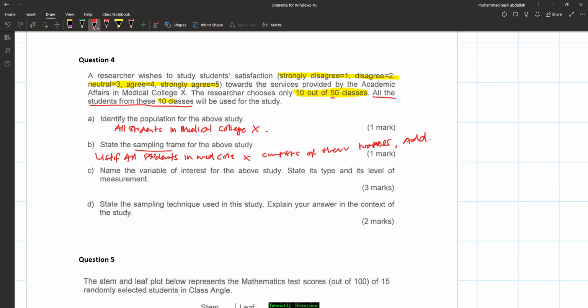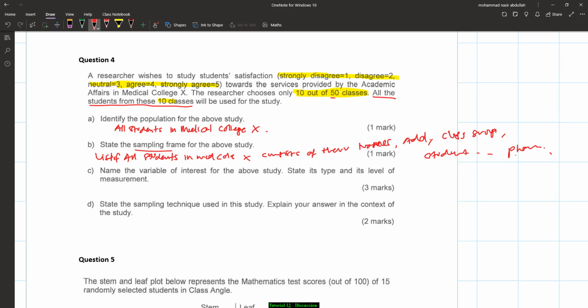Address, class, group, lagi student ID, and so on lah. And phone number, for example, in case you want to contact them. Right? So this is how we define a sampling frame.